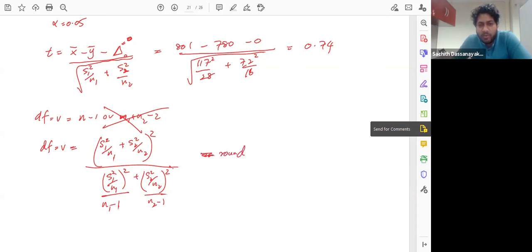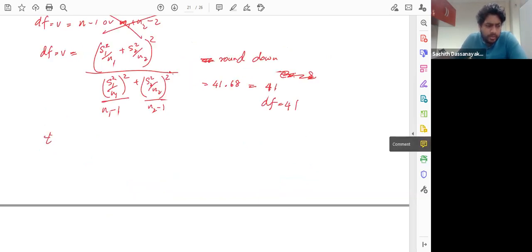Then always round down. I'll get the exact answer. This is 41.868, so you have to consider it as 41. So your degree of freedom is 41. Clear, always round down. Go to the t table and find this value: alpha is 0.05, degree of freedom is 41, value is 1.8683.